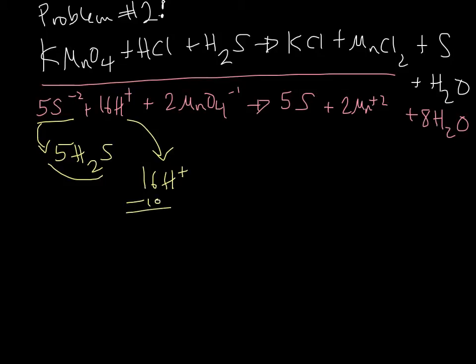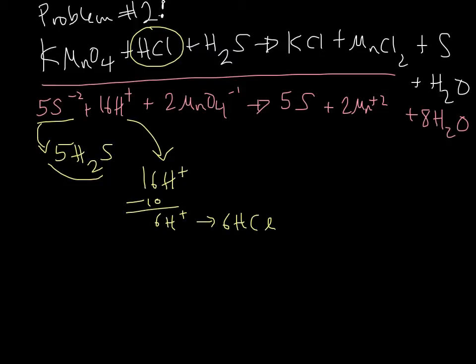If I subtract out those 10, that leaves me 6 more H pluses that are unaccounted for. Then I'm going to look back at the original equation and see, are there any other places where there was H in the reactant? And I see I had this HCl, so I had 2 sources of the acid. So the other 6 H plus would have come from 6 HCl's. And that arrow here is not a yields arrow, it's just saying that the 6 H pluses would have come from those 6 HCl.